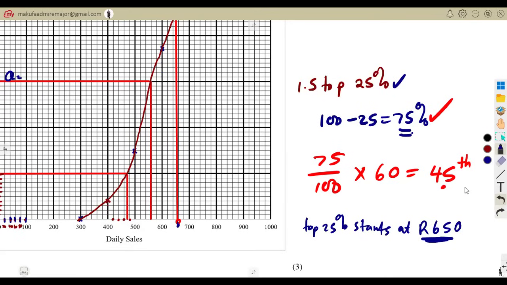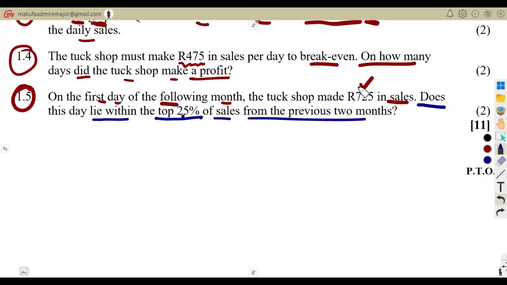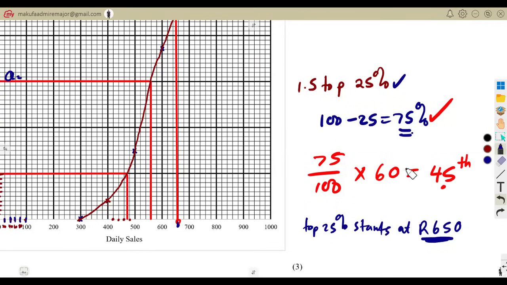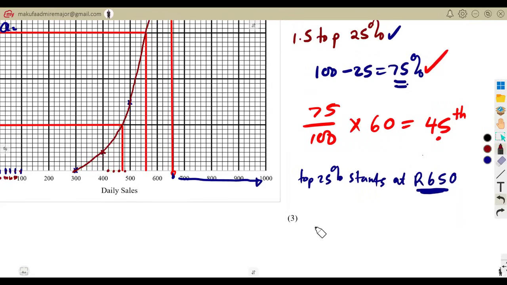So if this is our starting point, the question is: is this 725 within that range if it starts from 650? Yes, it is within. 725 is more than 650. It's 650 going this side, talk of 700, 750, 800, 900 going up. So the 725 rand that we have there lies within that interval.